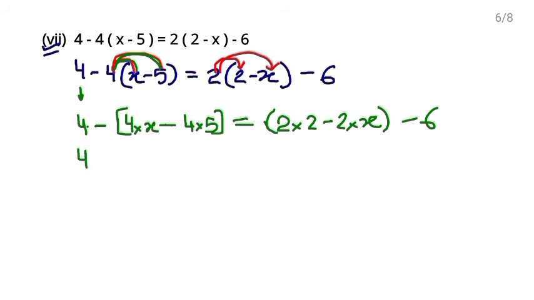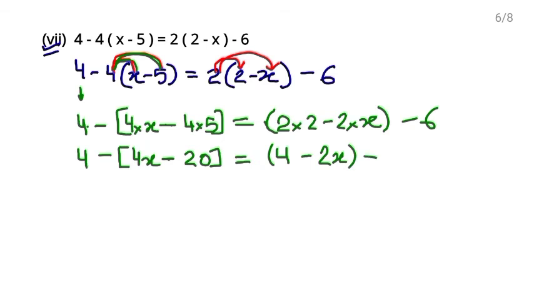Now solve it. 4 minus 4 multiply x means 4x, 4 5s are 20, bracket close, equals to 2 2s are 4 minus 2 multiply x, 2x minus 6. Now open the bracket.